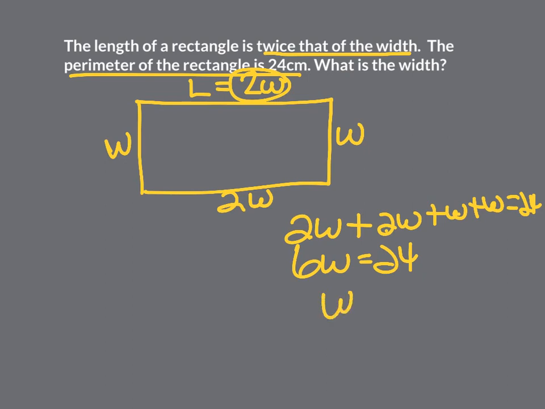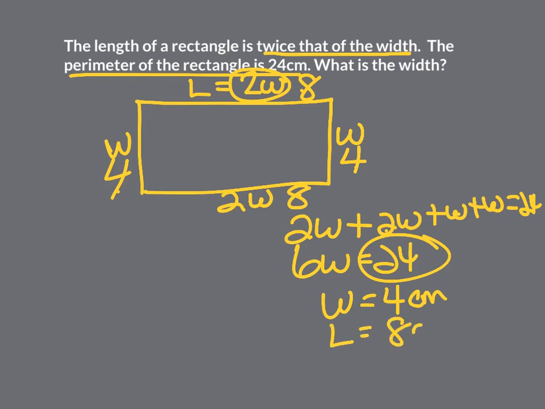Divide by 6. w equals 4 centimeters. So my width is 4, and my length is twice my width, so 2 times 4 is 8. If you add those up, 8 and 8 is 16, plus 4 is 20, plus 4 is 24. So it checks out. My width is 4, and my length is 8.